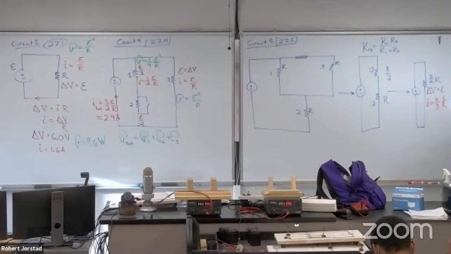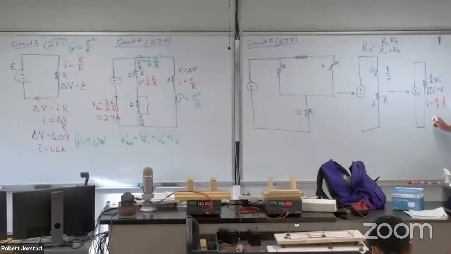Are you good? I see the E over R. All right, that's all we need. What's the power? Two-thirds E squared over R, because it's I times V.